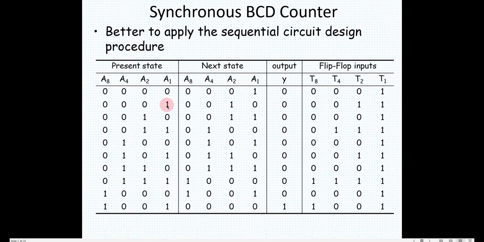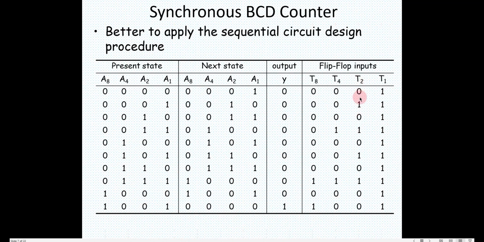But if you just see the input pattern, you can, without even making a K map, directly find out what should be the value. So here if you see, it is 0 1 0 1 0 1, everything is toggling out here, right? So you can straight away write T1 as 1 everywhere.